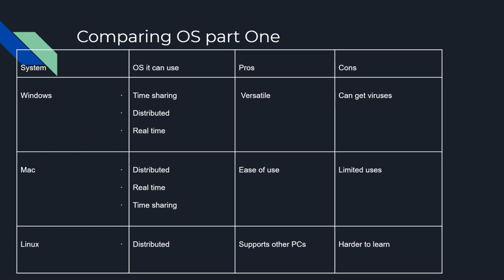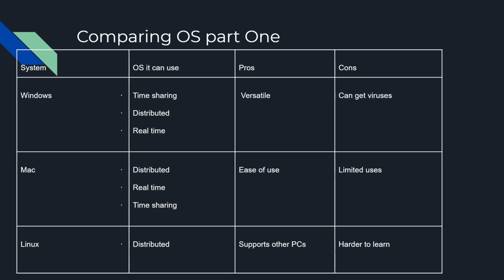Okay, now for the first part of the comparison, I have Windows, Mac, and Linux. How I compared it is, I talked about some of the OSs from what I talked about that are in it. I talked about the cons and the pros about each, Windows and Mac and Linux. As you can see, Windows has time sharing, distributed, and real time. So does Mac.